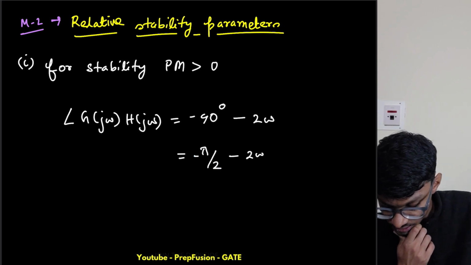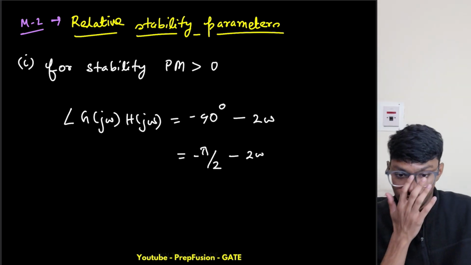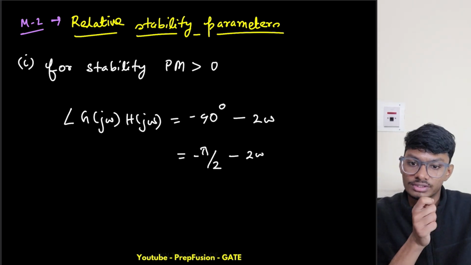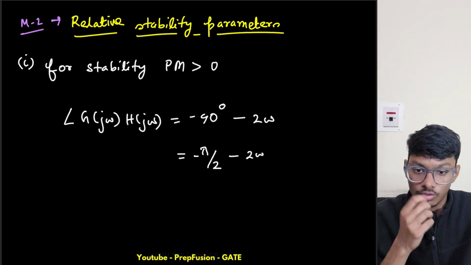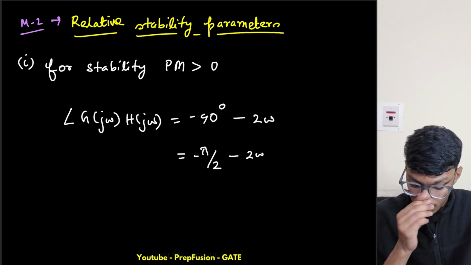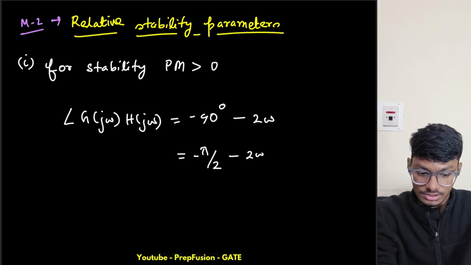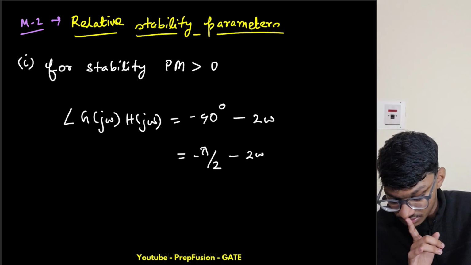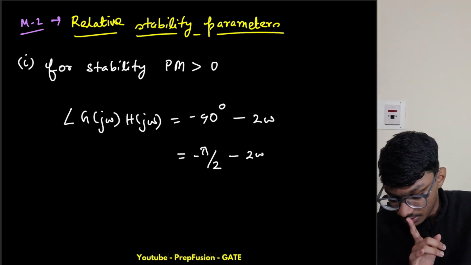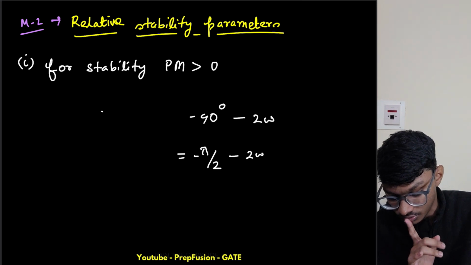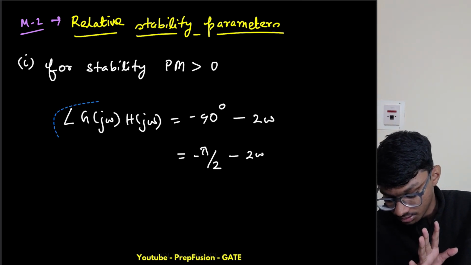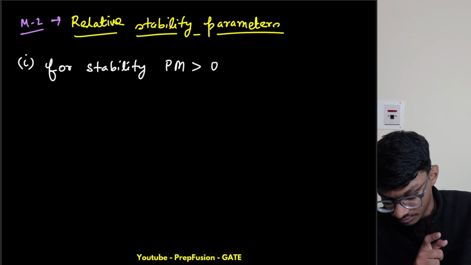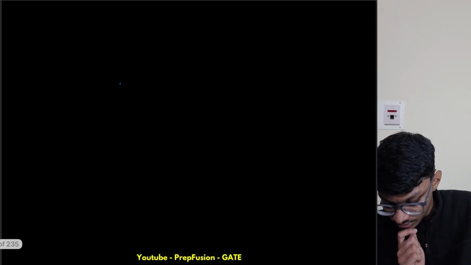Also, for using the phase margin, I need to find the omega pc. Sorry, the omega gc, basically the omega gc. Sorry, I'm doing something wrong. I'm talking about the phase margin, so I have to find the gain actually. Sorry, the omega pc will be for the next case. I was just getting confused.